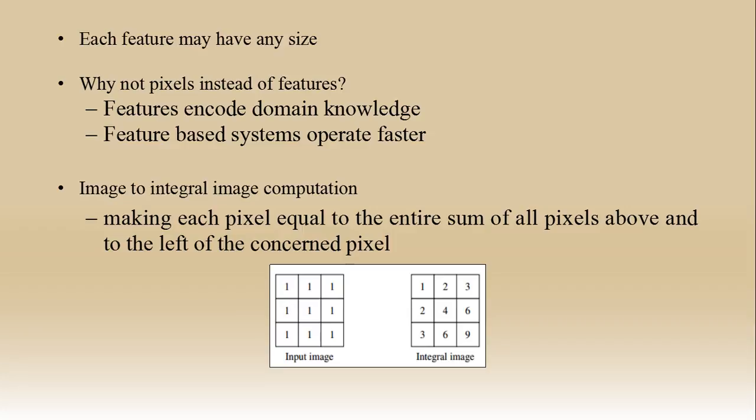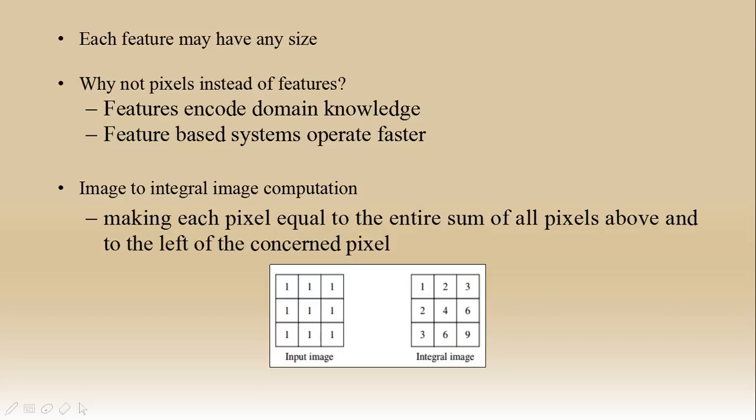Image to integral image computation. Now let's see how this computation takes place. This is a 3x3 input matrix, and this is the resultant integral image. Now each pixel is calculated by taking the entire sum of all the pixels above and to the left of the concerned pixel.